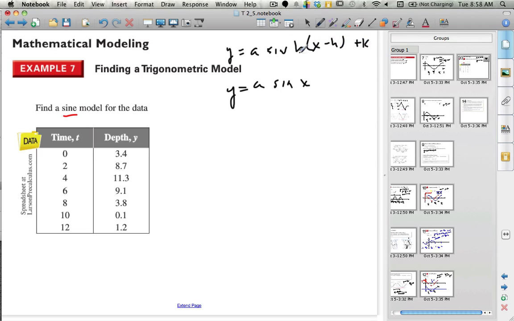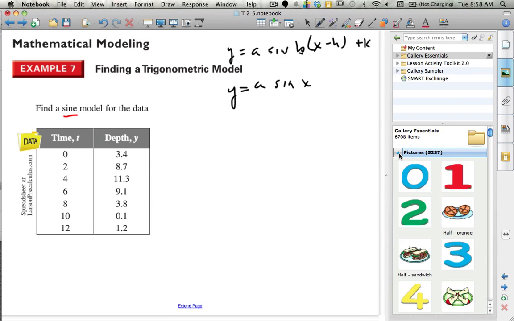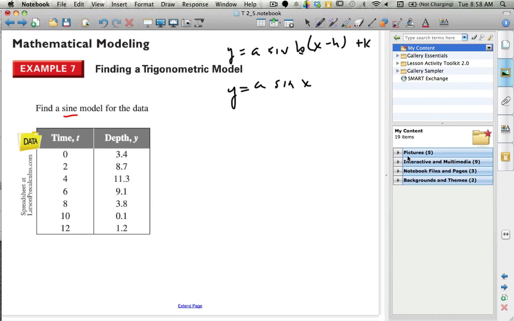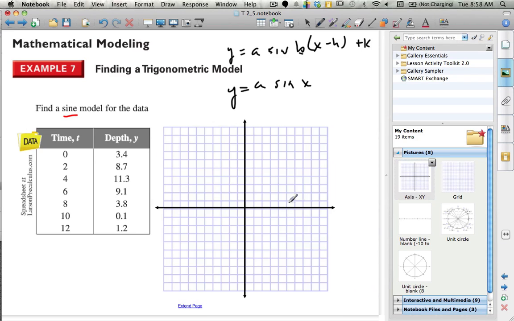It could be in either of these forms. But I've got to figure out what I have. So what I might want to do is make a scatter plot of some sort. So let me go ahead and make a scatter plot. This might give me some sense of what's going on.